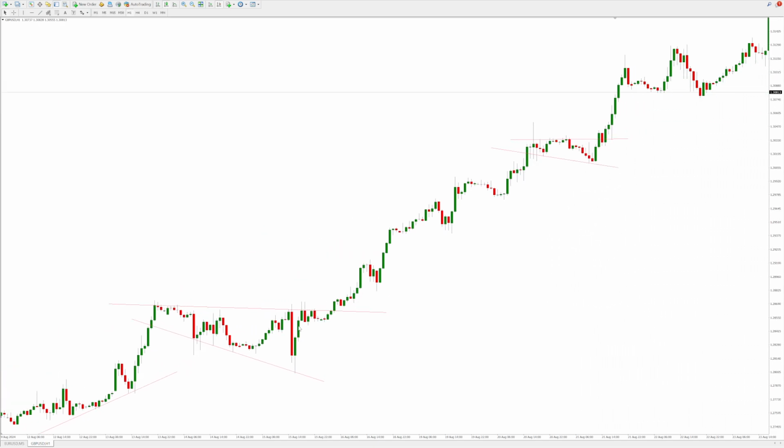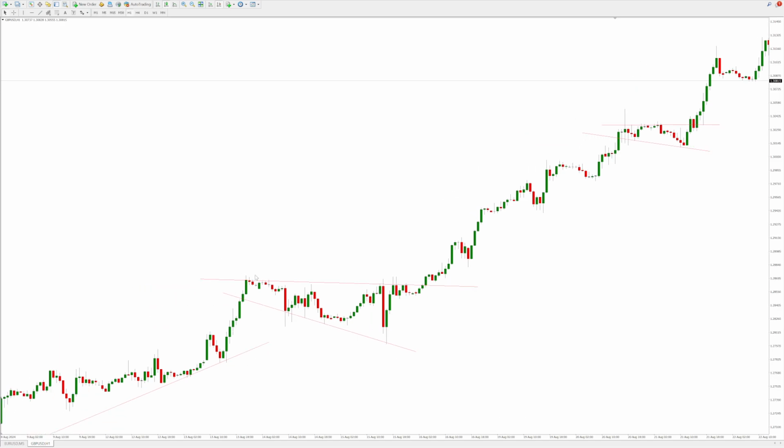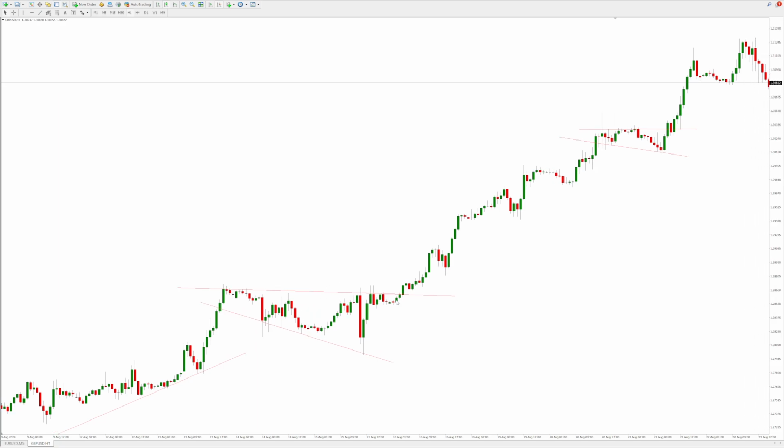Okay, I mean, the broadening wedge pattern is good, especially on the higher chart time frames. I find this more reliable. However, you could just use the resistance level here. Would have been a good enough area to look for entries into this particular trade.